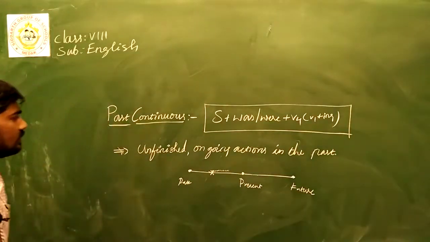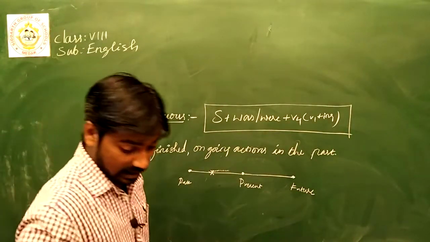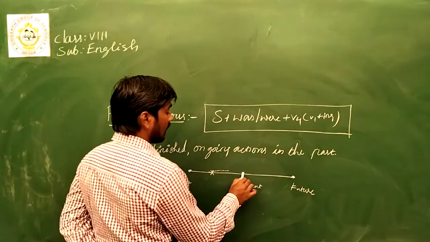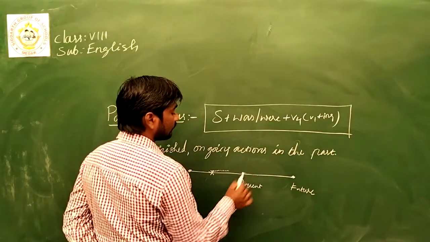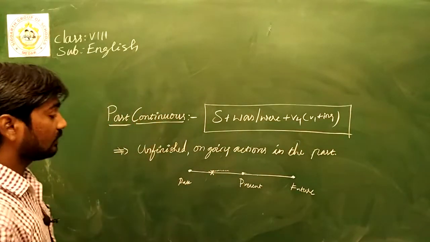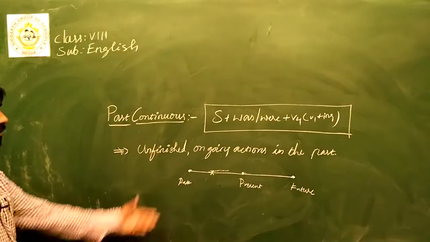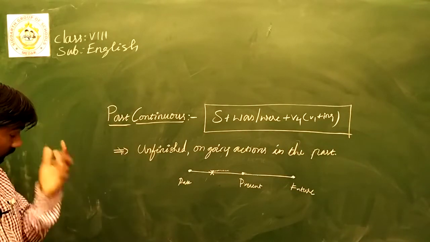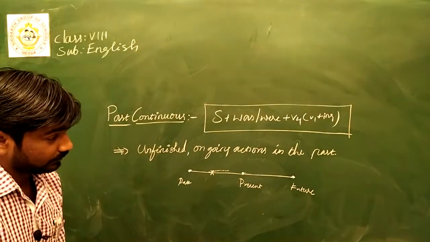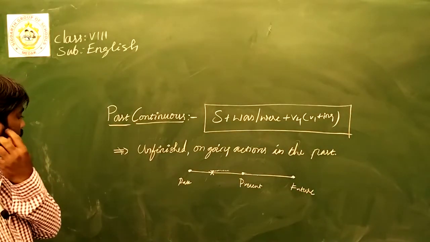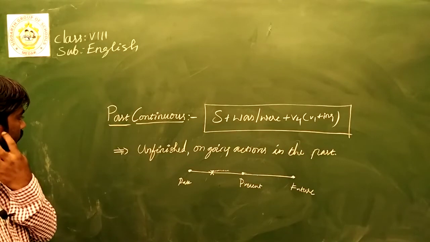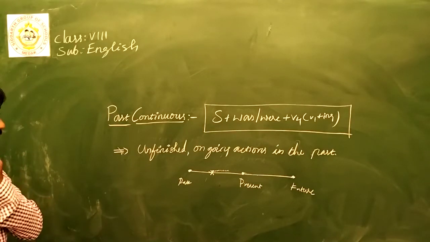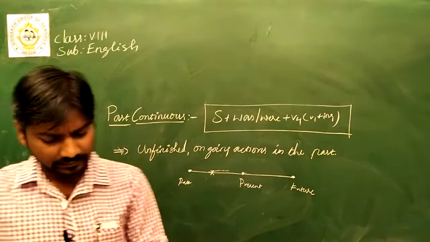That is past continuous. Present continuous means the action has started in the present and is ongoing, like this. So copy this one. A timeline also you can draw for both. Then we will go for examples.